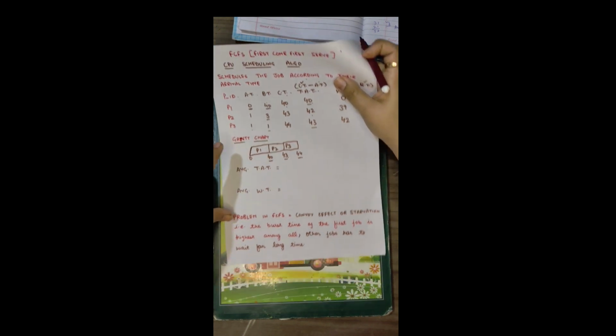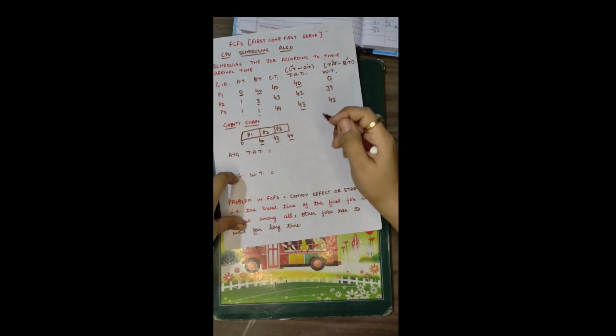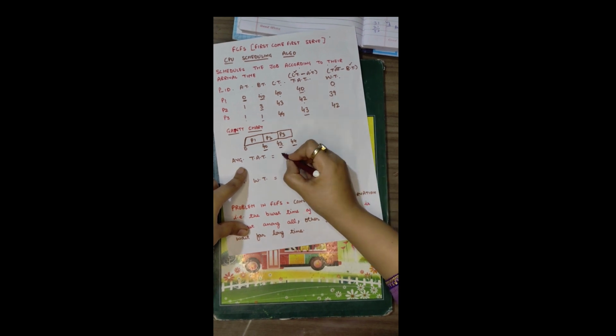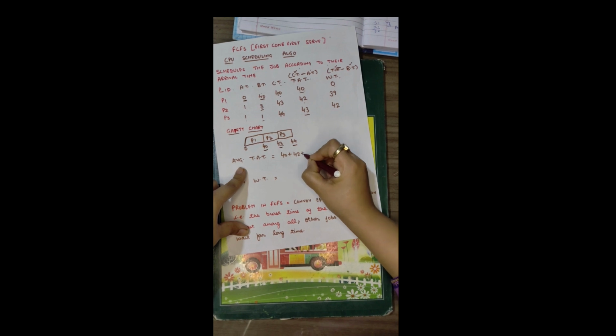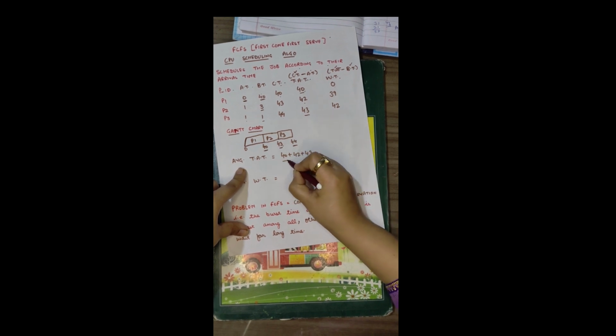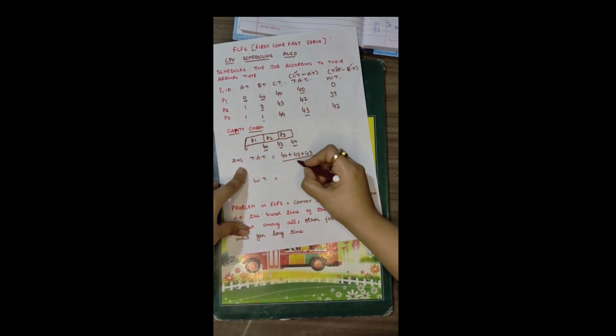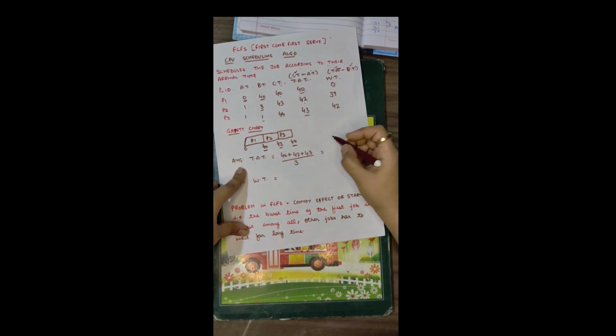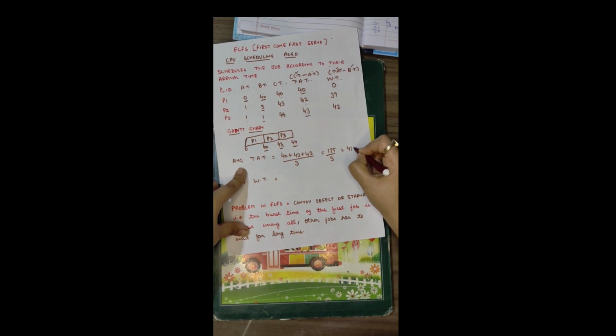Now let's calculate the average turnaround time and the average waiting time. Average turnaround time will be 40 plus 42 plus 43 divided by the total number of processes, which are 3, and it will be 125 divided by 3, which will come out to be 41.6.